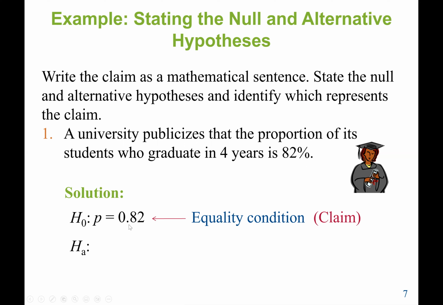Again, 82% is the same as 0.82. Now, since H0, the null hypothesis, is equal, then HA should be not equal. So that is the complement of H0. We cannot say that if p equals 0.82, then in HA, p should be greater or less than 0.82. We cannot say that.